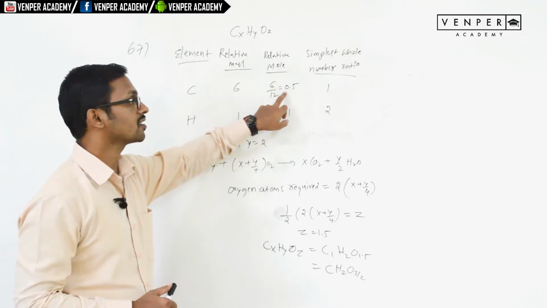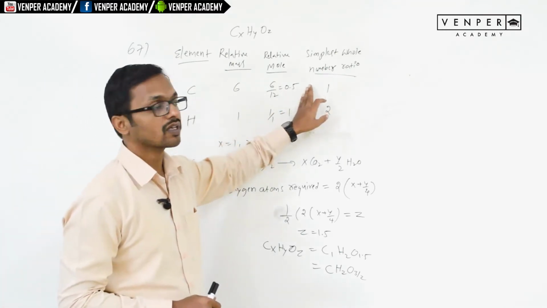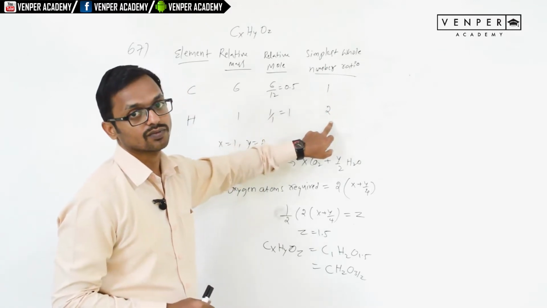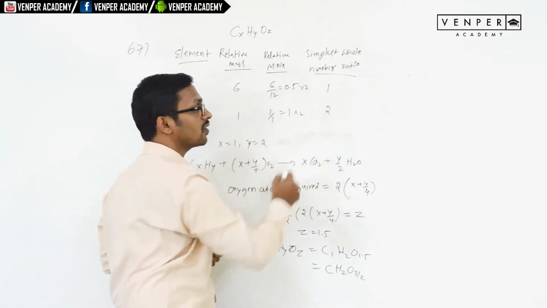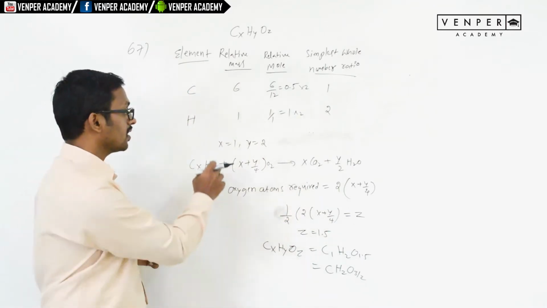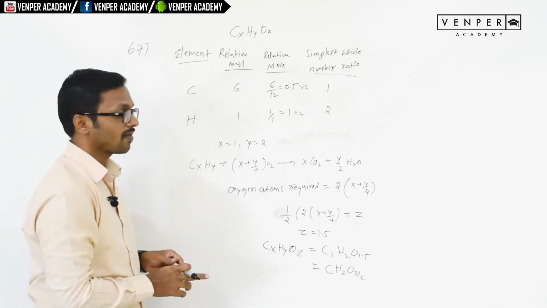In this way you are getting 0.5 and 1. The simplest whole number ratio, when we multiply this with 2, gives 1 and 2, which is nothing but the x value is 1 and the y value is 2.